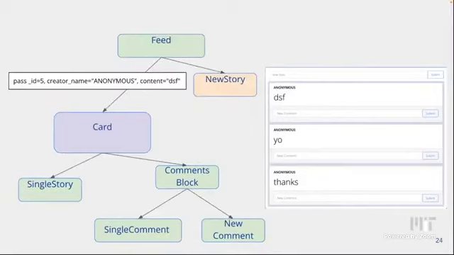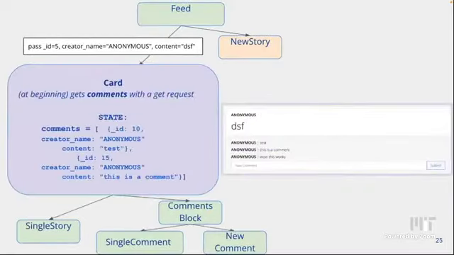And then we passed in each individual story's information to its own card. So we passed in the author anonymous, the content DSF to the first story. And then in card, we did another GET request to get the comments for that story.